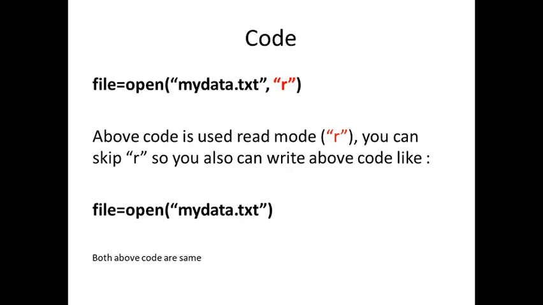So either the line 1, this one, or this one, both are the same, because if I'm not passing any mode like R or anything, by default this statement is treated as opening the file in read mode, and here also opening the file in read mode. So this is the open syntax for opening a file.